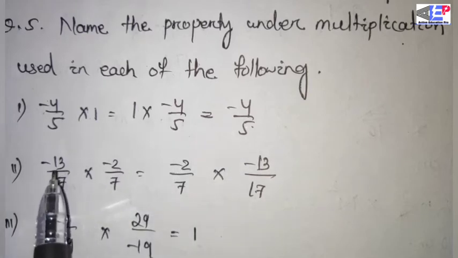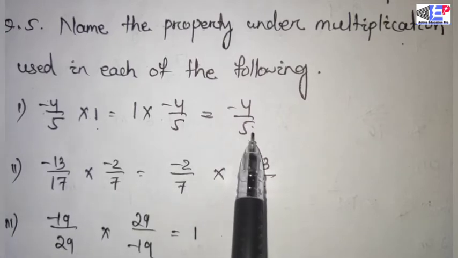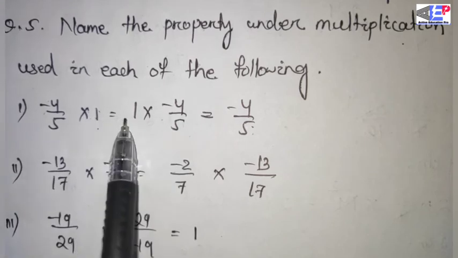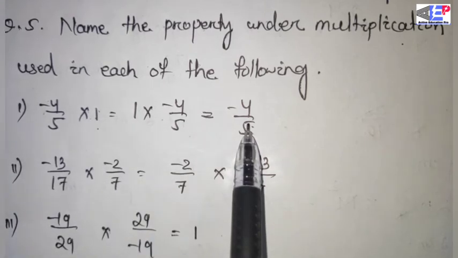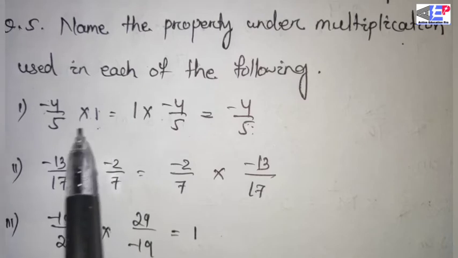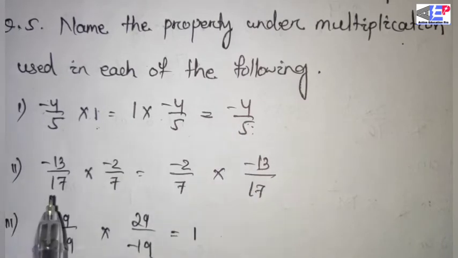You know very well, when you multiply a number with 1, the result is itself. Minus 4 by 5 is multiplied with 1 and the answer is minus 4 by 5. It is known as the multiplicative identity. If you multiply with the multiplicative identity, that is 1, the answer is the number itself.